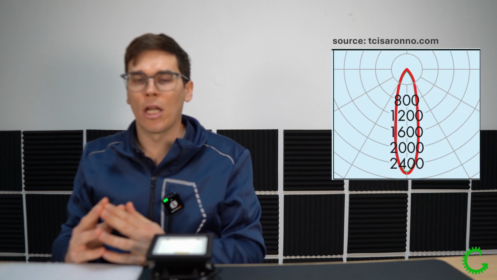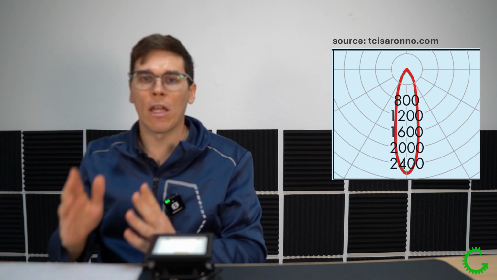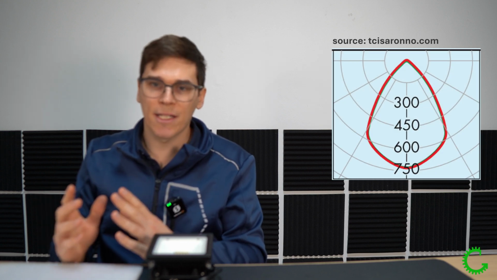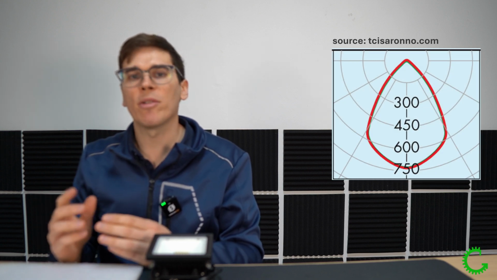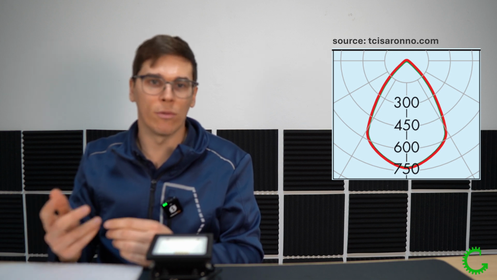The more common shapes are a very narrow shape, which represents a focused light, or more like a circle, which represents a wider opening of the floodlight.